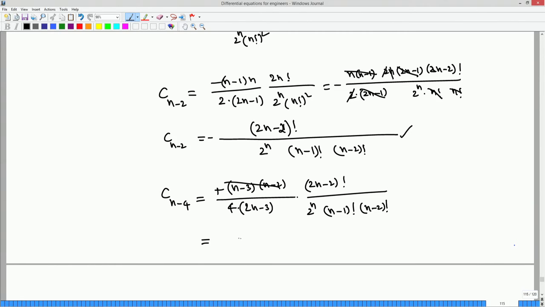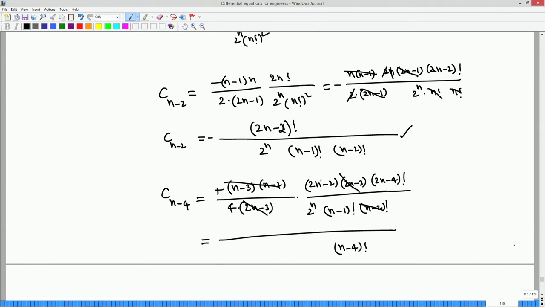So, in this case what you have is in the denominator, if you cancel here, it will become n minus 4 factorial. So, this you can rewrite 2n minus 2, 2n minus 3, okay, and then 2n minus 4 factorial you can write. So, 2n minus 3 will go, okay, and here n minus 1.